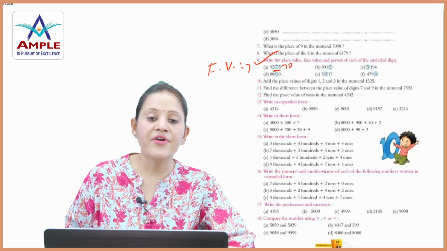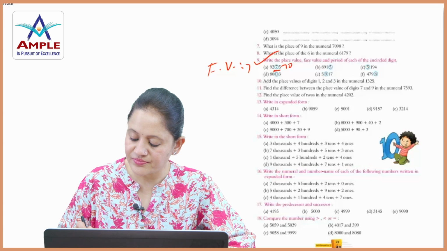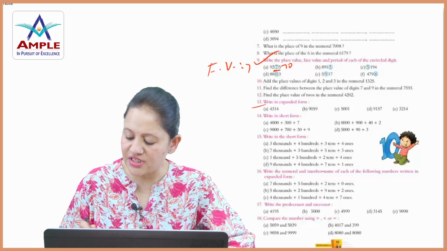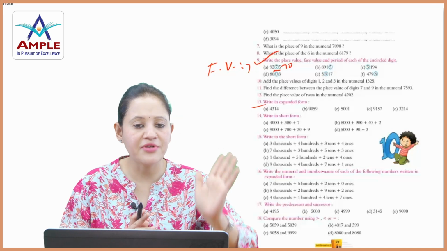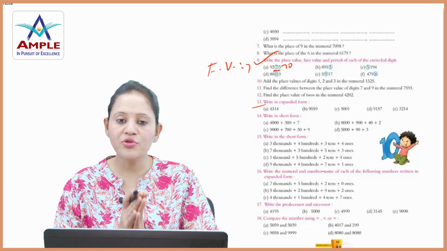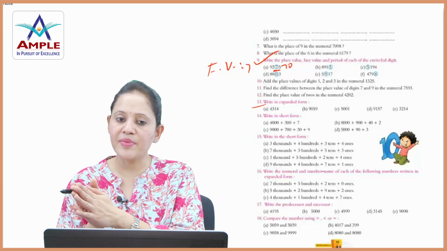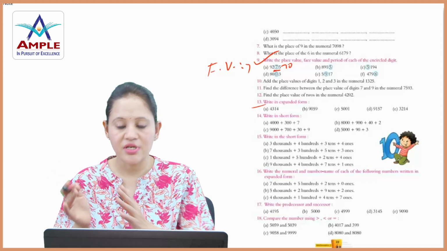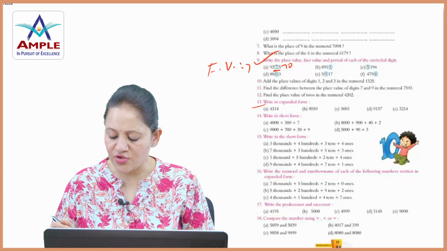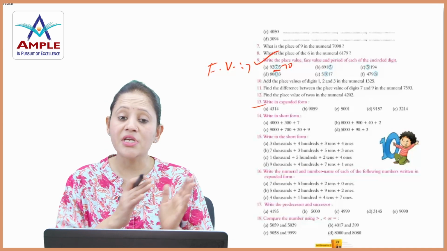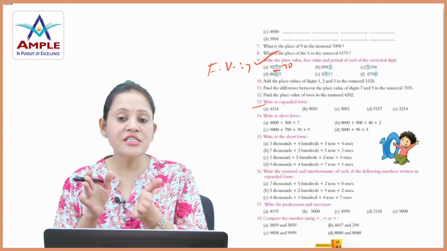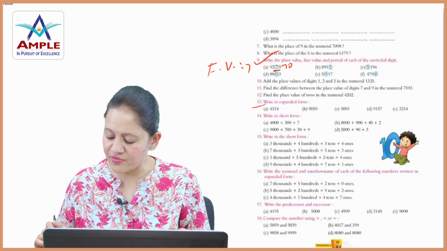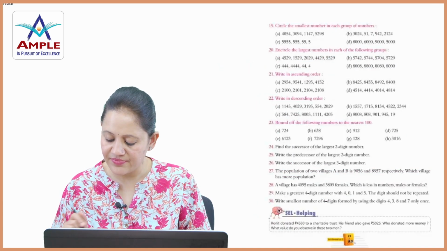Next, write in expanded form. 4340, expanded form we have done earlier also. How to write? According to the sum of their place values, 4000 plus 300 plus 10 plus 4. Clear? Like this you will do all the questions because we have done it earlier. This exercise is for your practice. So practice all the questions of this exercise.